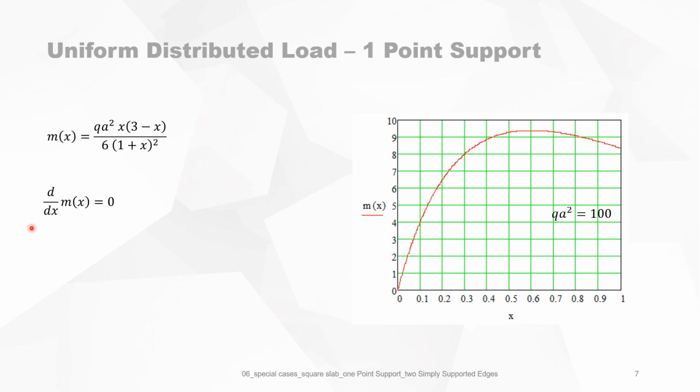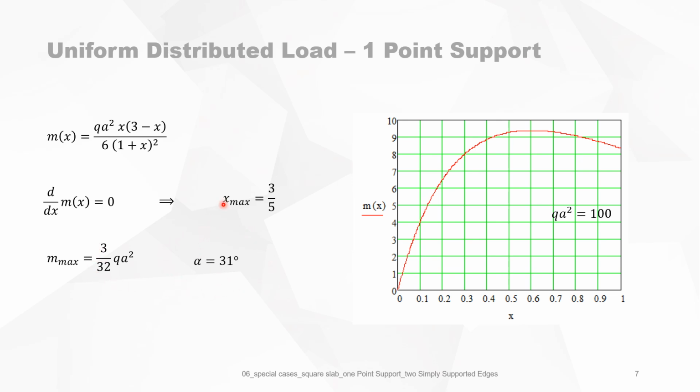We take the first derivative equal to 0, and we find that this is 0 for x max equals 0.6. And we fill in 0.6 in this equation, and we find that the maximum bending moment is qL squared times 3/32.